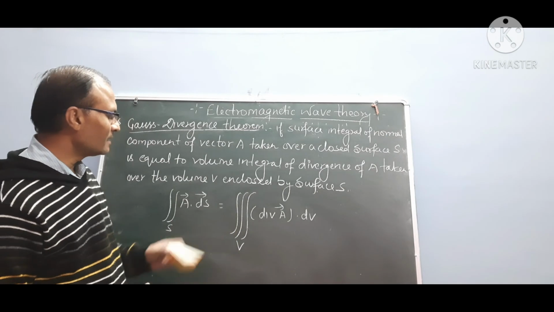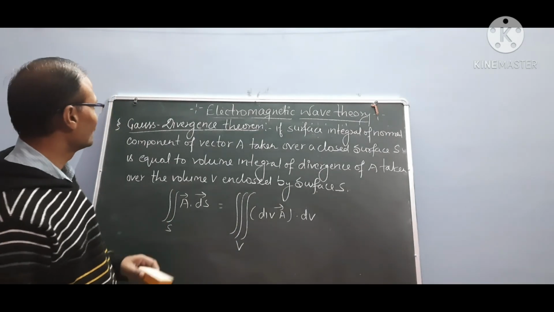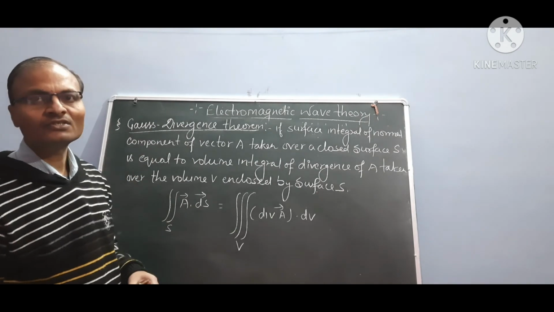This volume integral is a triple integral and the surface integral is a double integral. So, this is Gauss divergence theorem.